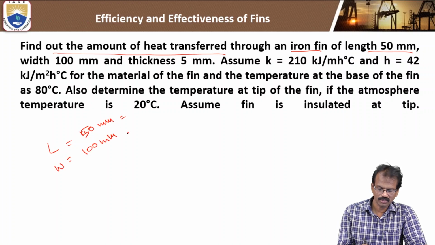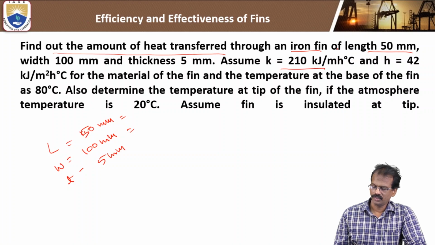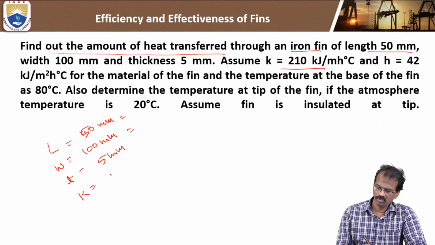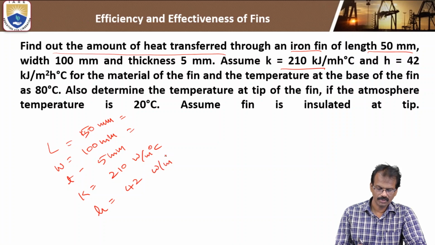Convert all into meters. Thickness t is equal to 5 mm. Thermal conductivity of iron, k, is equal to 210 watt per meter degree Celsius, and heat transfer coefficient h is equal to 42 watt per meter square degree Celsius.